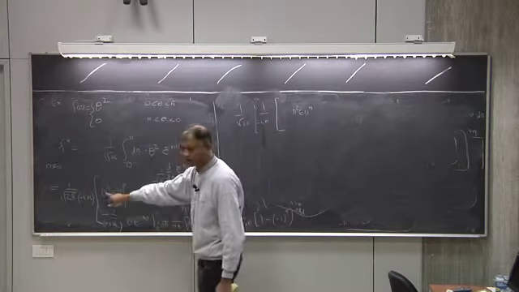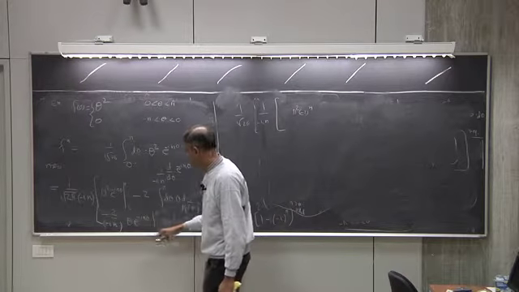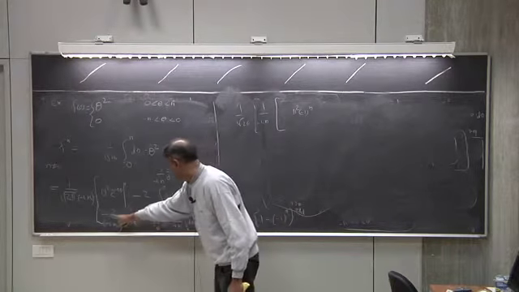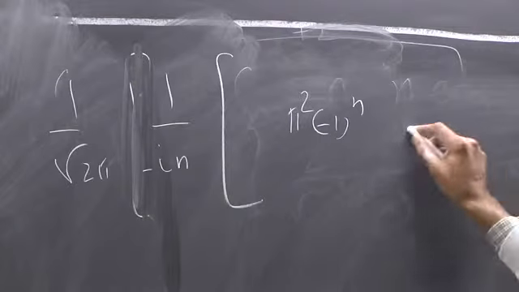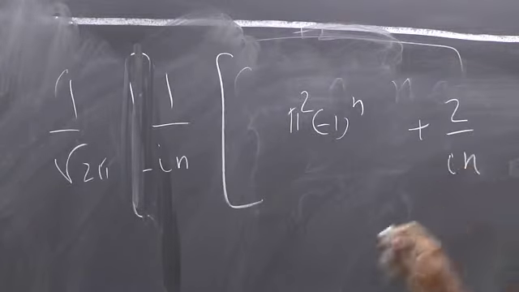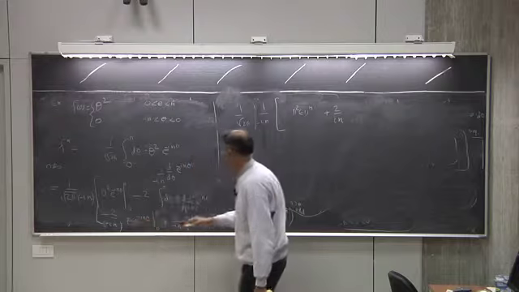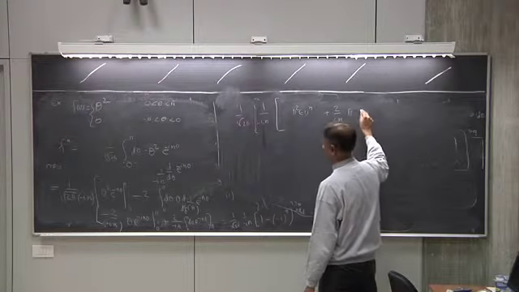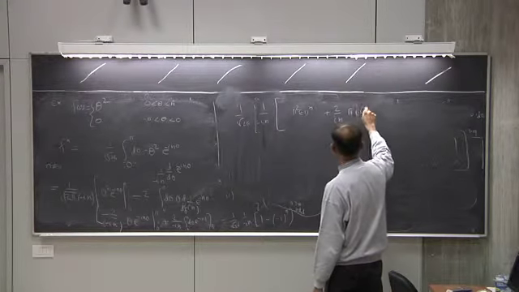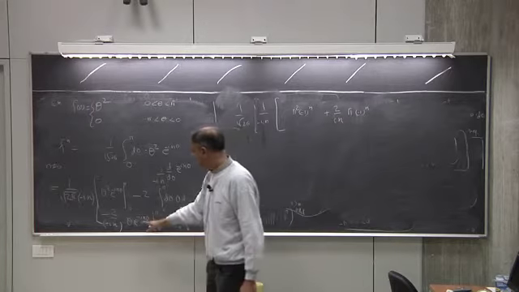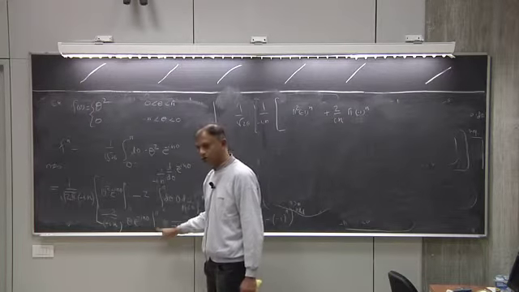And the lower limit doesn't contribute because theta equal to 0 there. Then here again there is an extra minus 2, so plus 2 over in from here, and you get pi times minus 1 to the n from here again. The lower limit doesn't contribute.